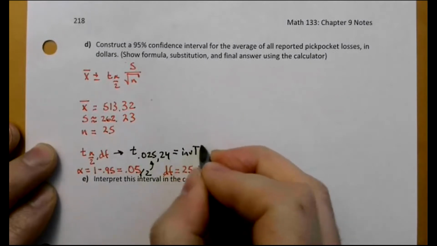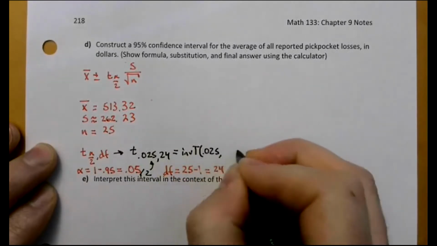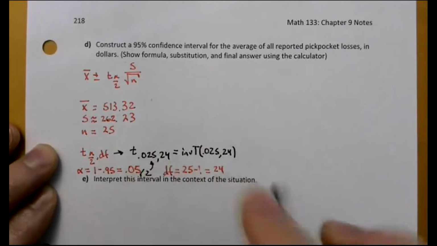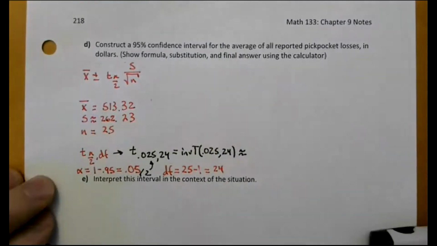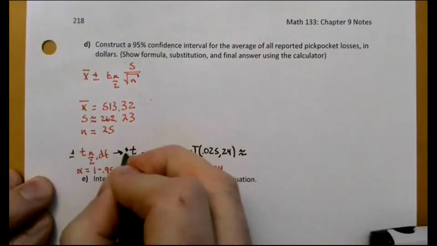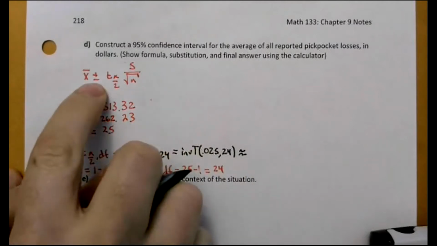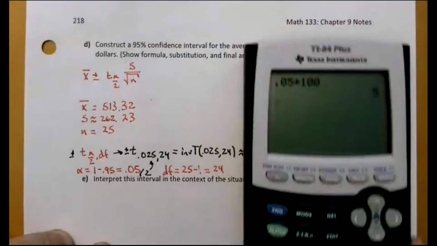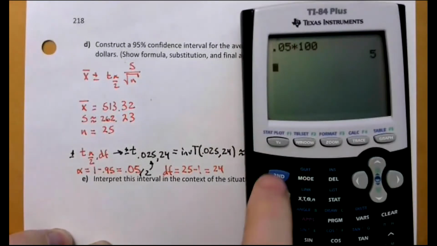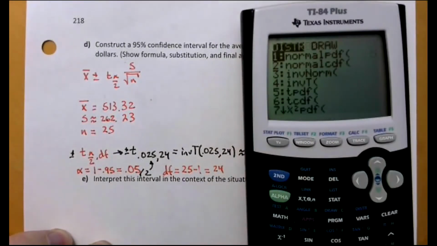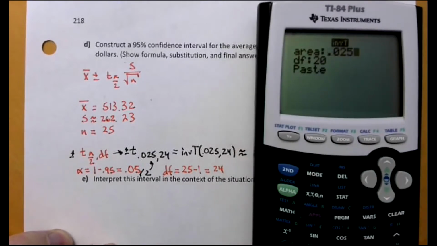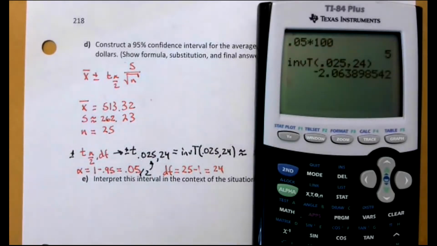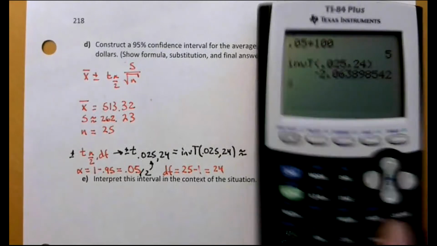It's inverse T, comma, the area, comma, the degrees of freedom, and that's going to give us an approximate value, and we want plus or minus that. Note this plus or minus matches the value up here. So let me show you again how to find that in your calculator. You're going to hit second distribution, option 4, 0.025, degrees of freedom are 24. I am getting plus or minus 2.064.